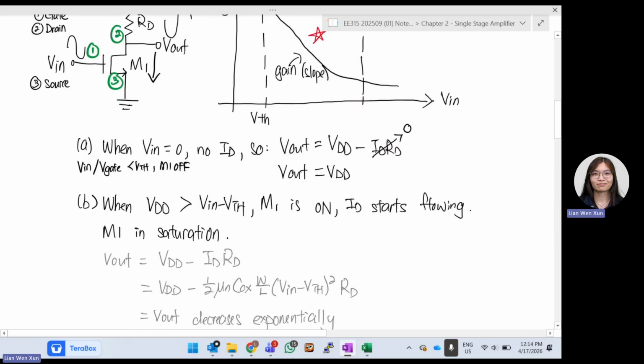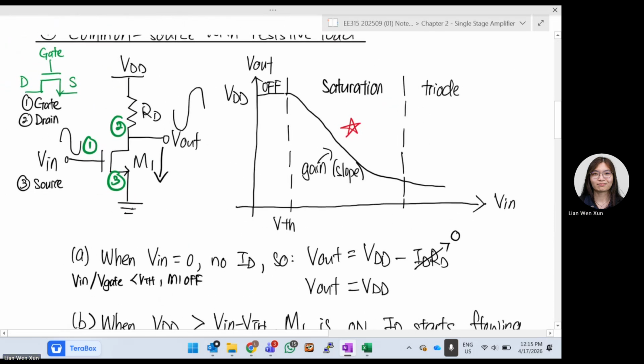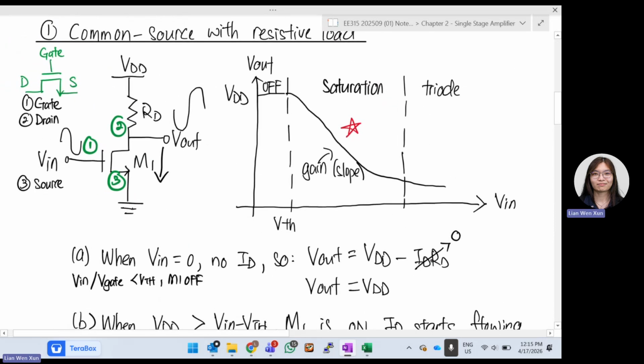Okay, so now let's go part by part. When Vin is equal to 0, will there be any current flowing? Your Vin is 0, which means your gate is 0. So gate is 0 means there is no current flowing. So what will happen to your Vout? The Vout over here is your VDD minus this current times this resistance, right?